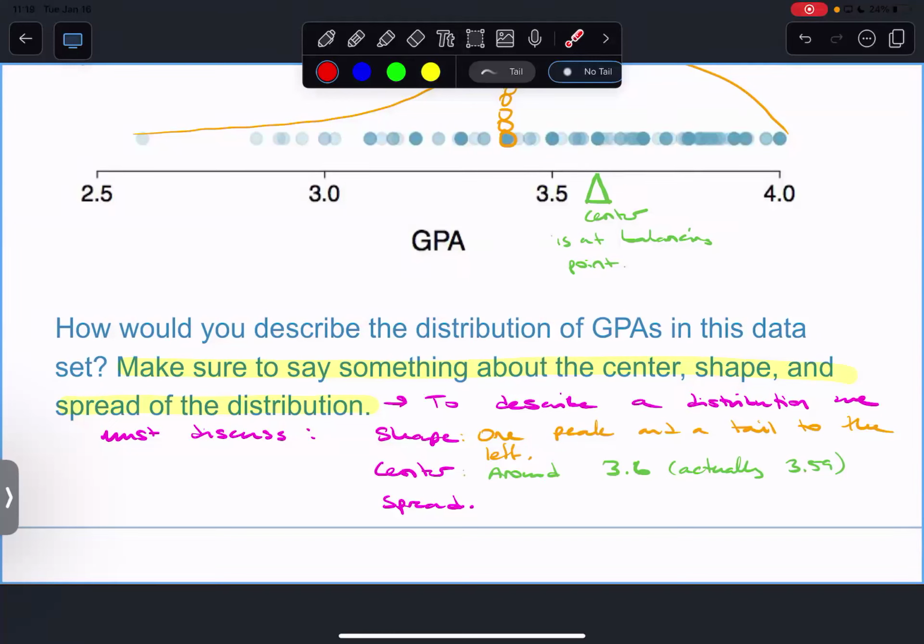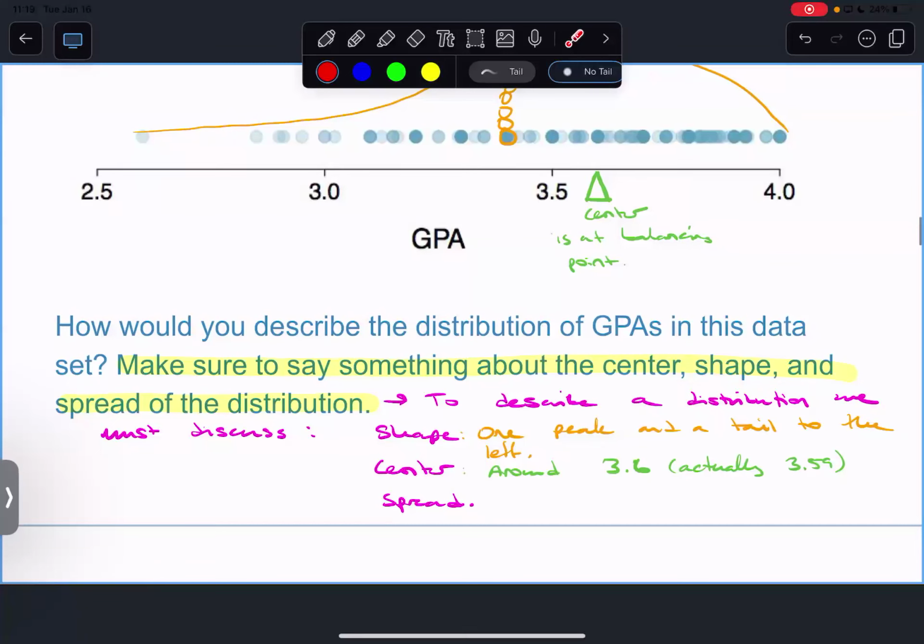So just a rough approximation, and usually it just communicates the scale of your data. If we're not talking about GPA, it might be something else. I might tell you, is it centered on something like 30, or is it centered on something like 300? It just gives me an idea of what this data looks like. GPA, we have a pretty good understanding of, so it's a nice place to start, I guess.